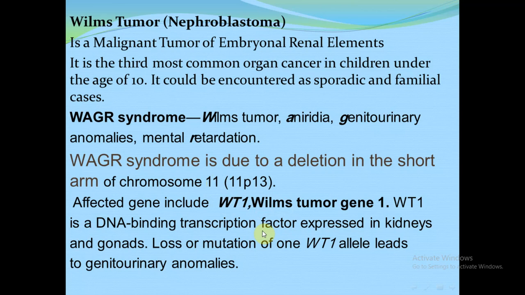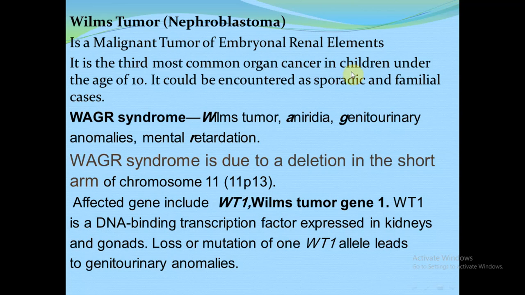This gene is tumor suppressor gene, and it is important gene protein هو important regulatory molecule for cell growth and development. Therefore, loss of this gene will produce a Wilms tumor.